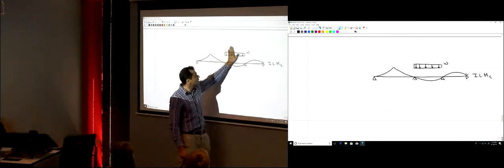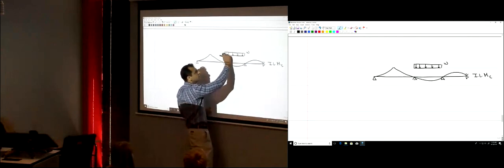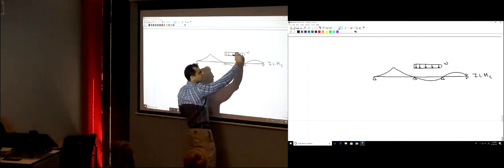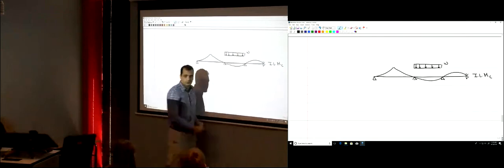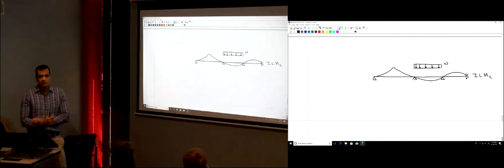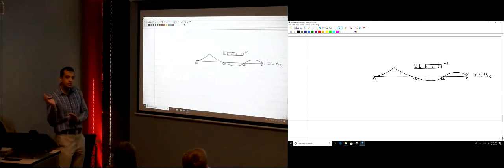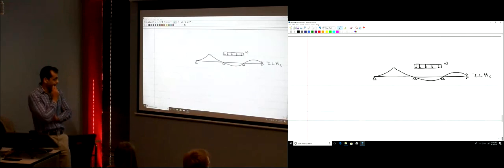Just finding the magnitude of the whole load and putting it right in the middle, you assume that the effect of this load at every location is equal to its effect when it's here, which is not correct. Did everyone get this point? So you cannot concentrate the entire load and just put it in the middle. So how would we tackle this problem?